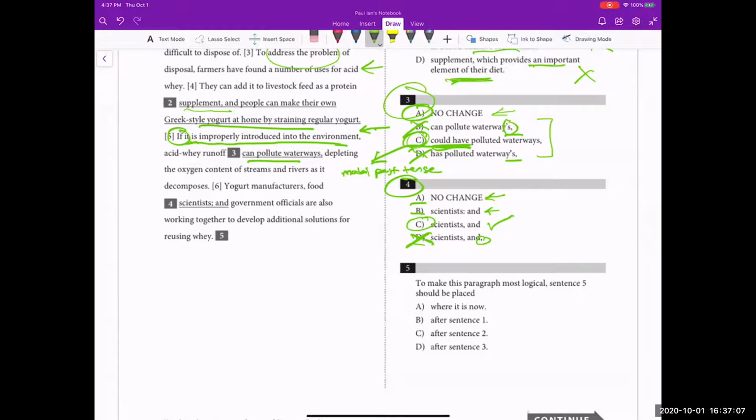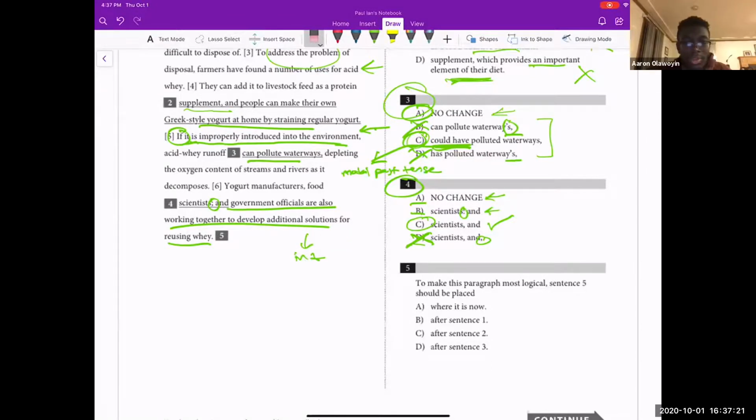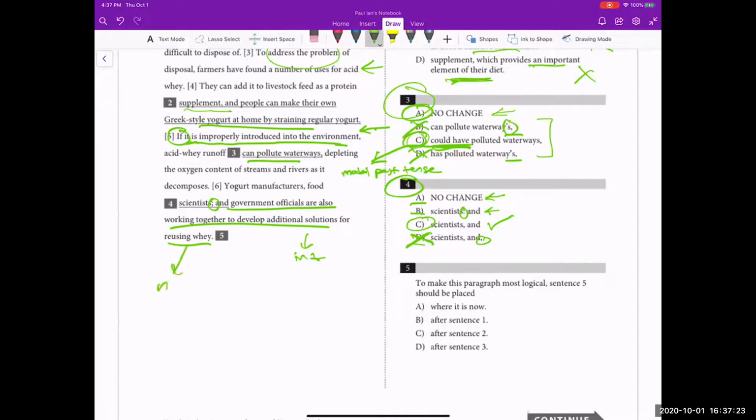So usually when I use this one, it's after. We'll talk about it more. It's the one that has to be independent. And then if you have a colon, what do you have to have after a colon? A list. Yeah, and there's no list here. So it's not that, it's not that. So it has to be C.